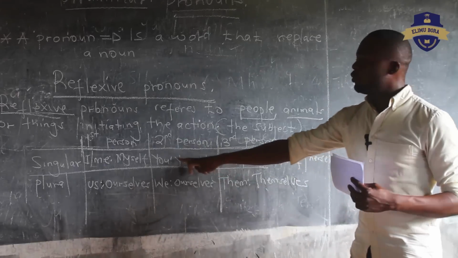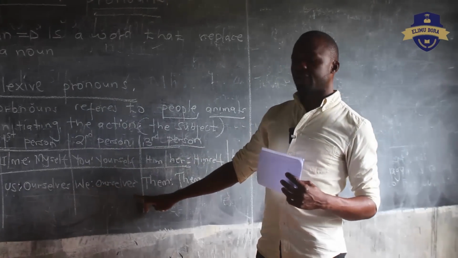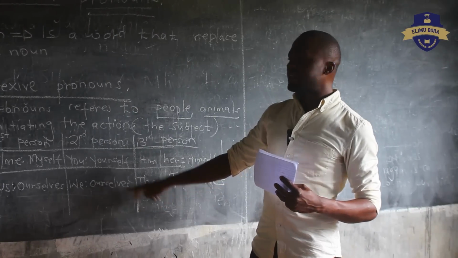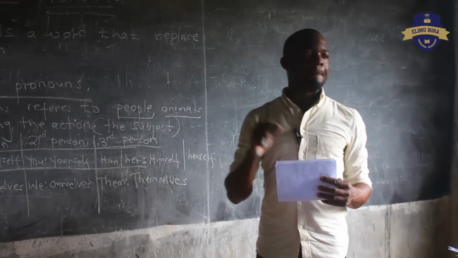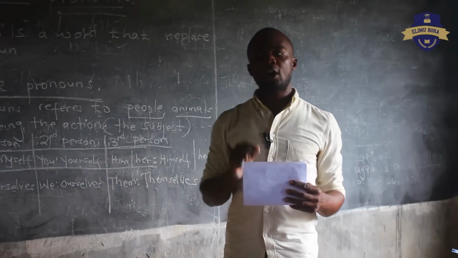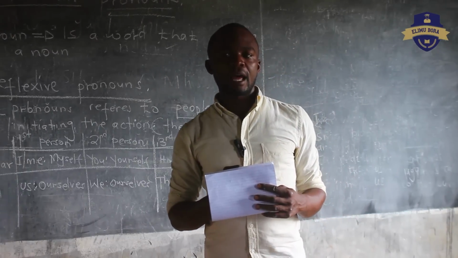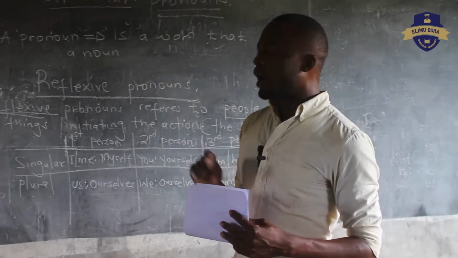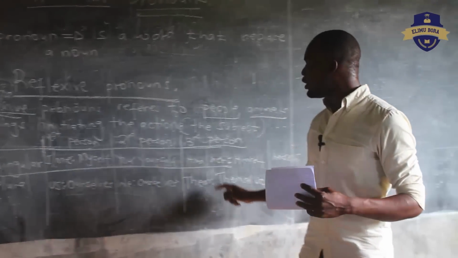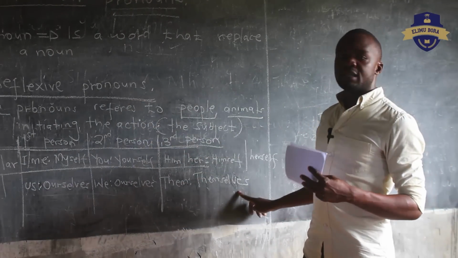Then you, yourself. We, ourselves. Then the third person, it can be a woman or a man. If it is a female, we use herself, if it's a male, himself, and if it is collective in plural, it will be themselves.